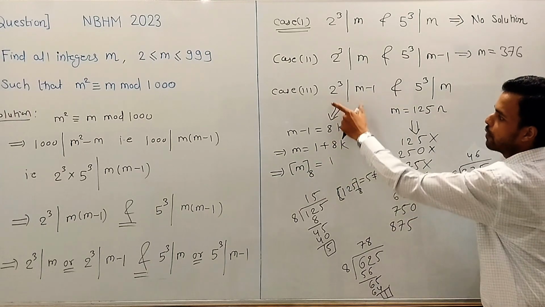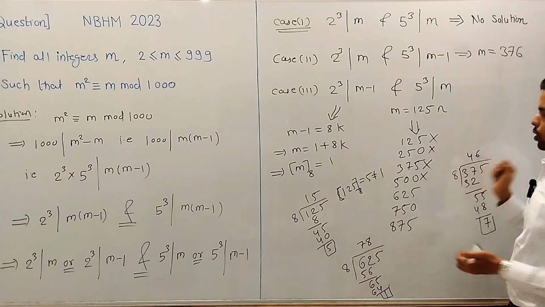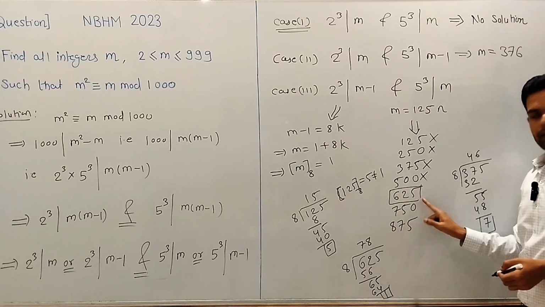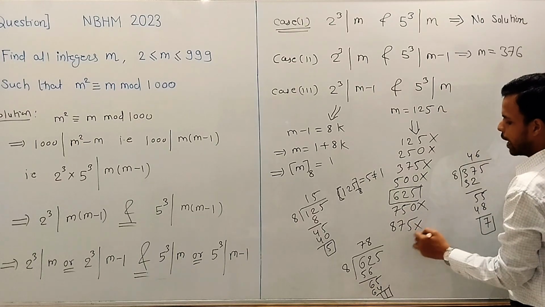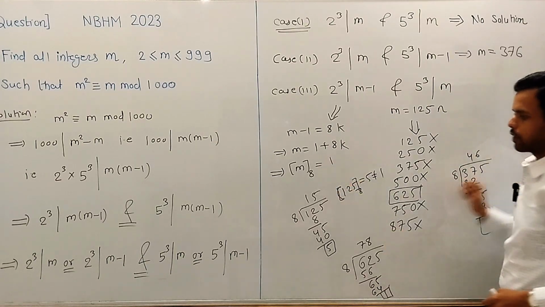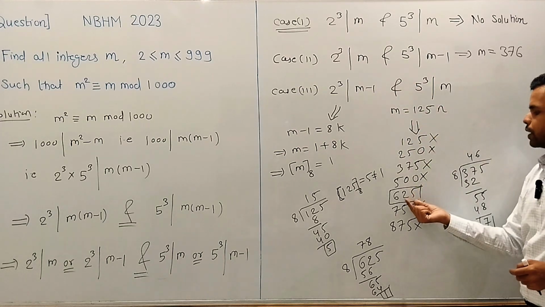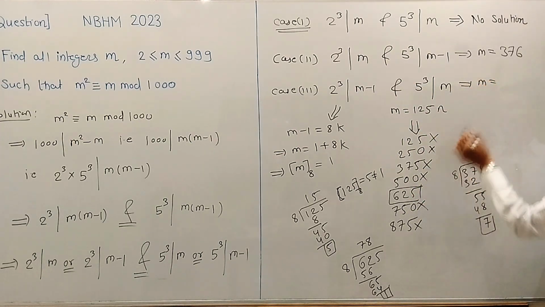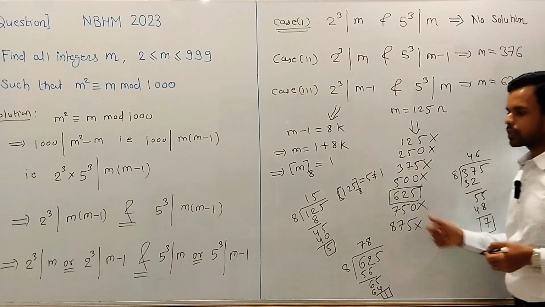That implies 625 satisfies this condition and this condition also. So one possible value for m is 625. And you can verify that 750 does not satisfy this condition and 875 also does not satisfy this condition. So in this case, we get only one solution, which is m equals 625.